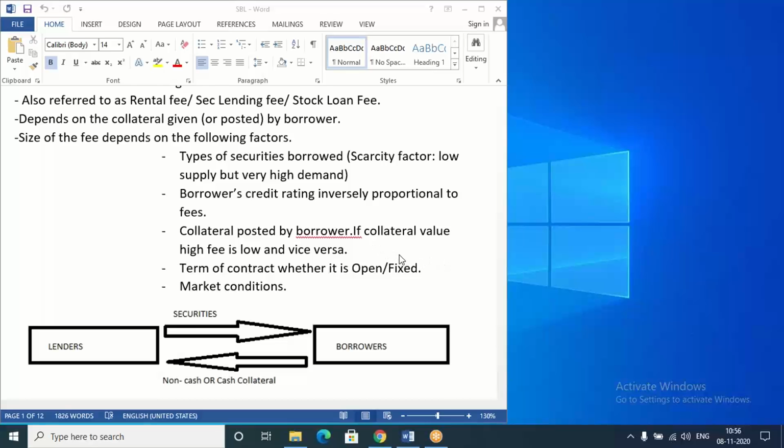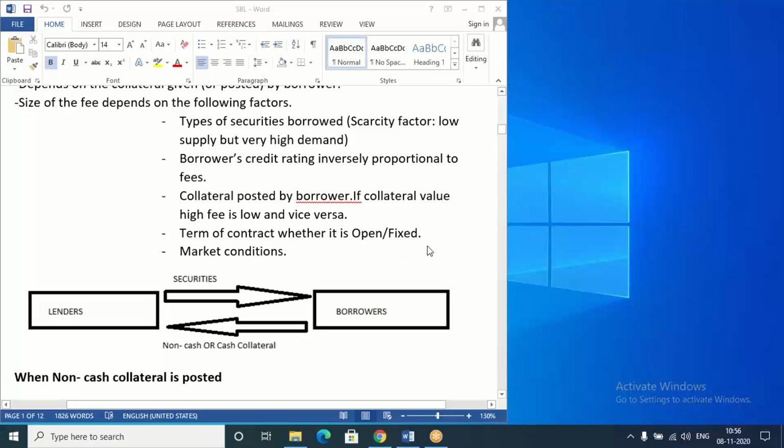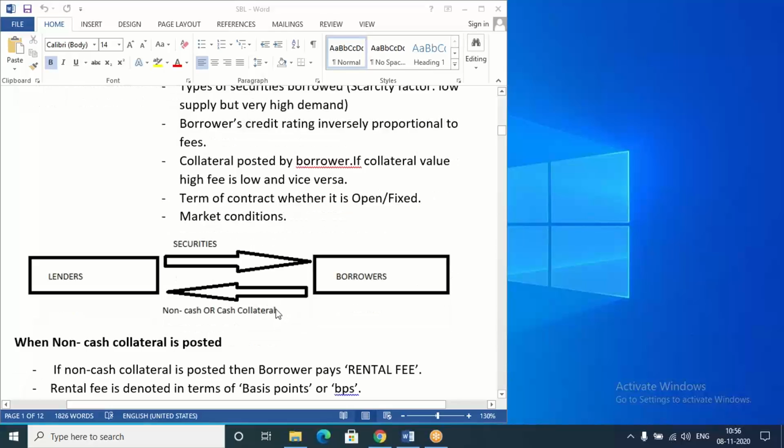Okay. So let's talk about the rental fee the lender charges the borrower when cash collateral is posted and when non-cash collateral is posted. When I say non-cash collateral, it means the borrower gives some type of security as collateral.